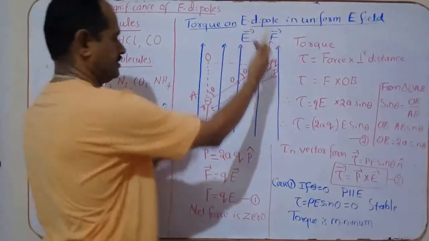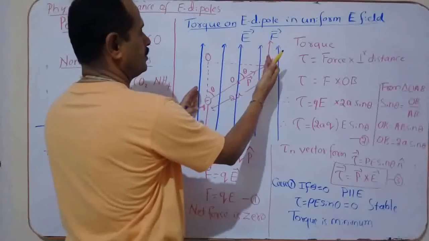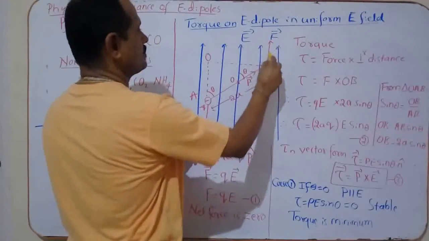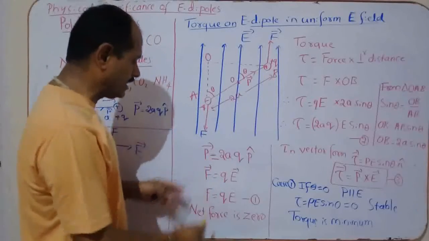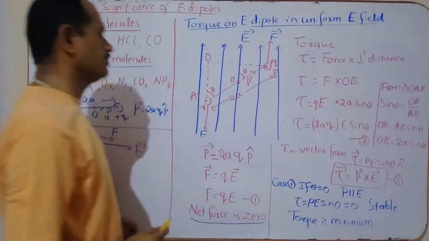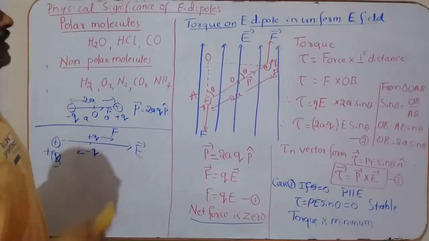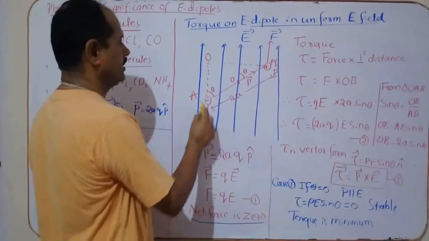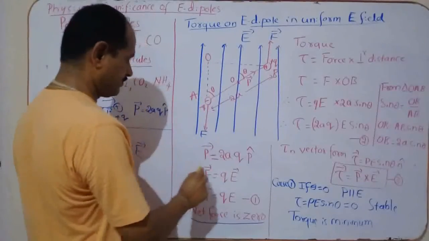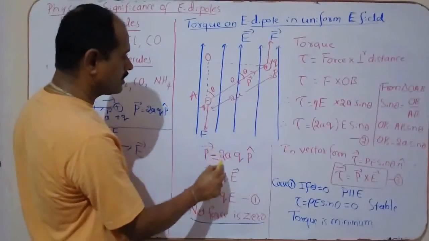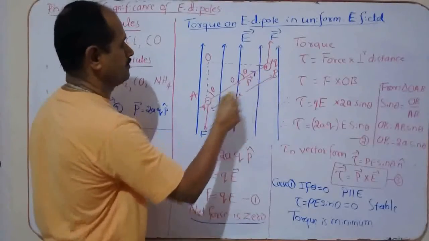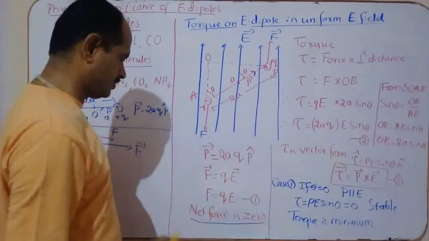It's a turning effect because of the electrostatic force. These two forces are equal, so the net force on the electric dipole is equal to 0. Net force on the electric dipole is at the center of the dipole, between A and B. The electric dipole moment is 2aq times p cap, directed from the negative charge to the positive charge.